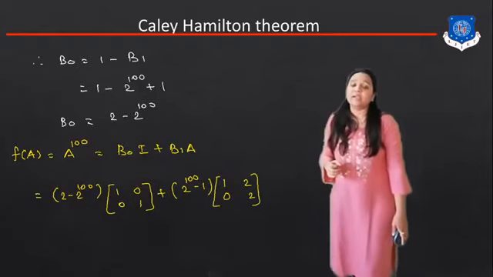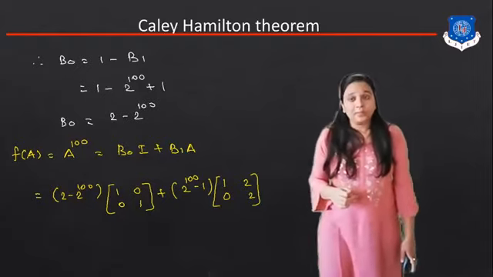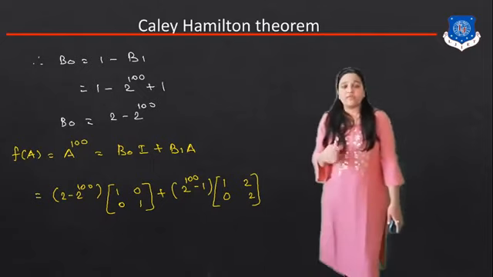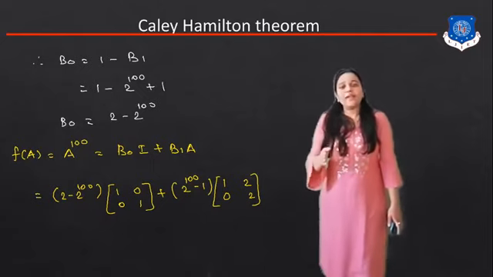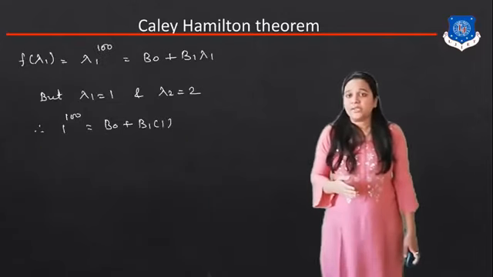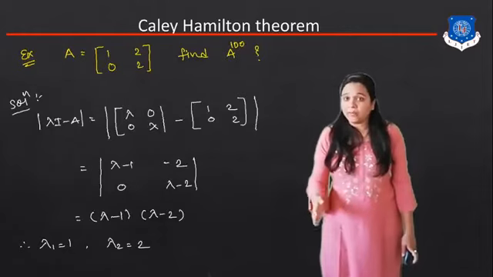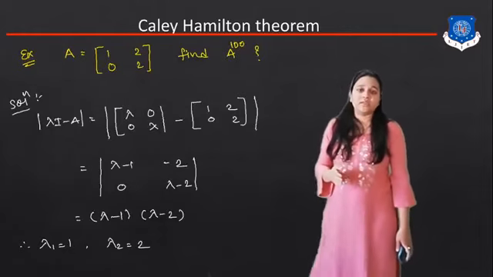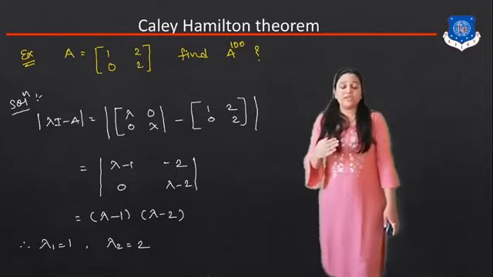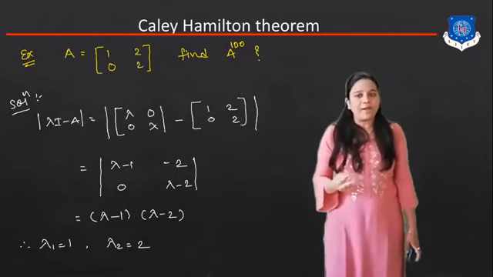So using the Cayley-Hamilton theorem, we can easily find the value of phi of k. Our first step is, the matrix is given in this example. We have to find the value of lambda using the equation determinant of lambda I minus A. Using this equation, we get the two values of lambda.